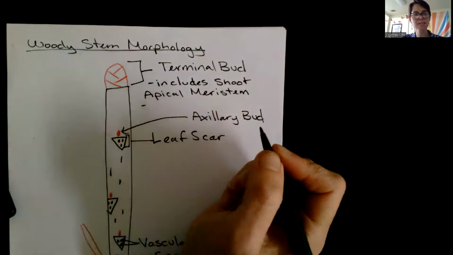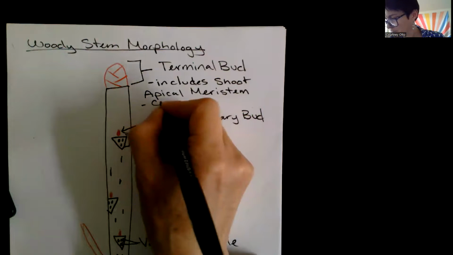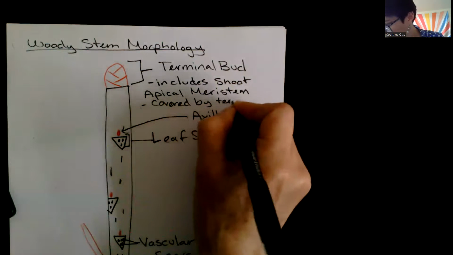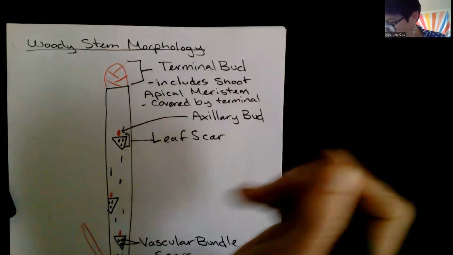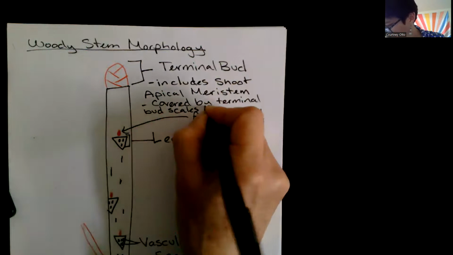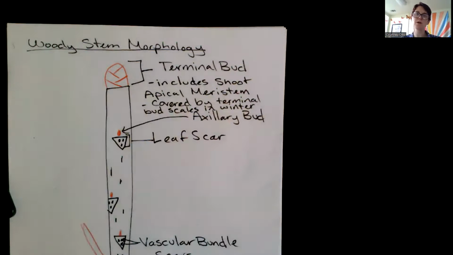And so our terminal bud is going to be covered by terminal bud scales in winter. And that's just to protect this area for future growth, that little shoot apical meristem.